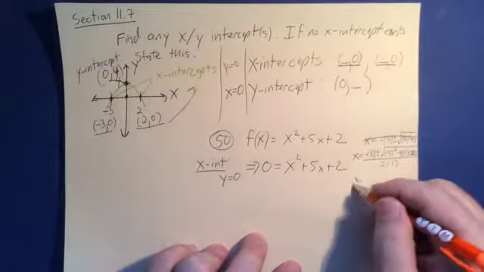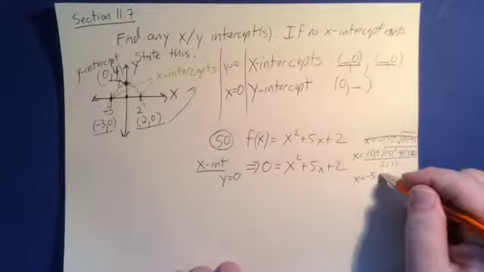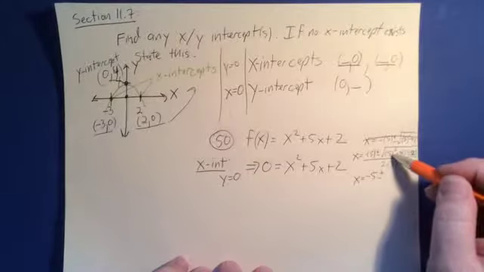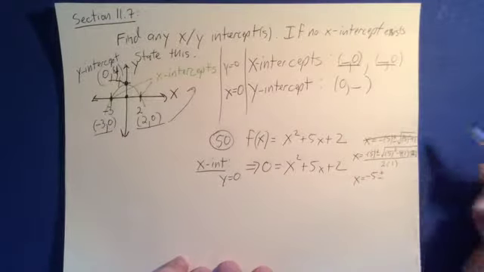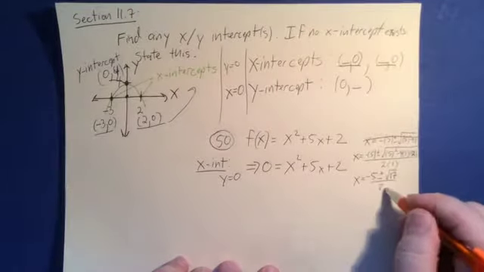So this is going to give me x equals negative 5. We'll just simplify this here because the focus isn't simplifying, the focus is on getting these values. So this is going to be 25 minus 8, so this is going to be radical 17.